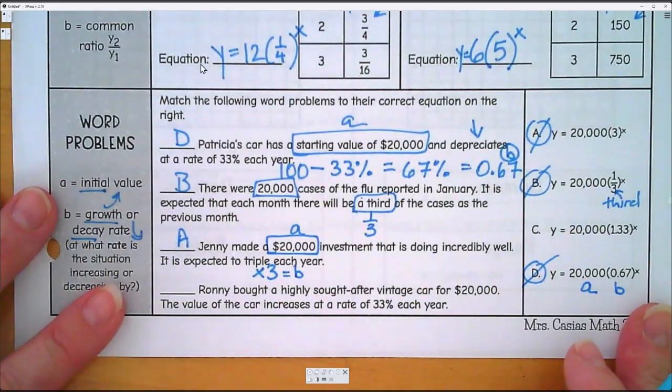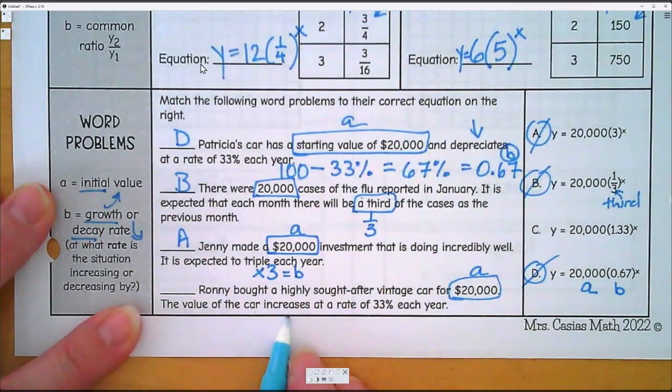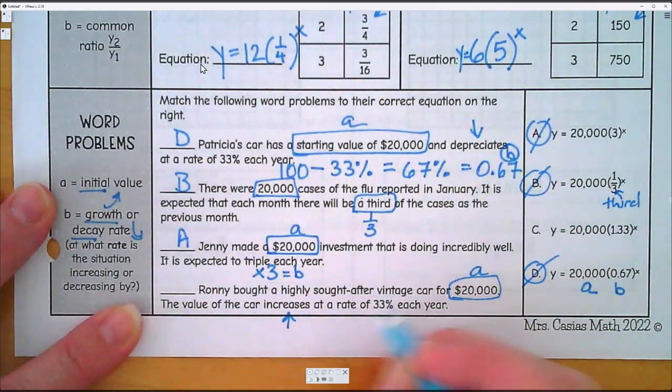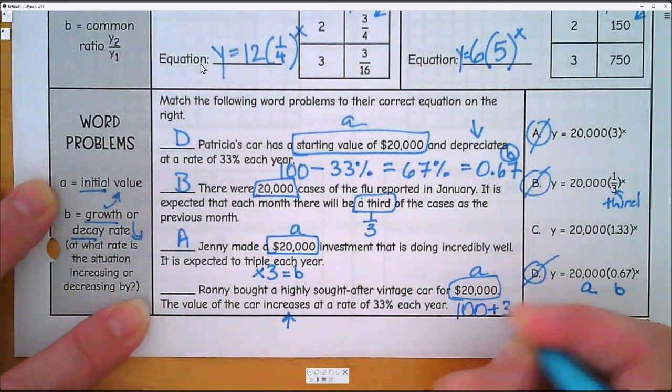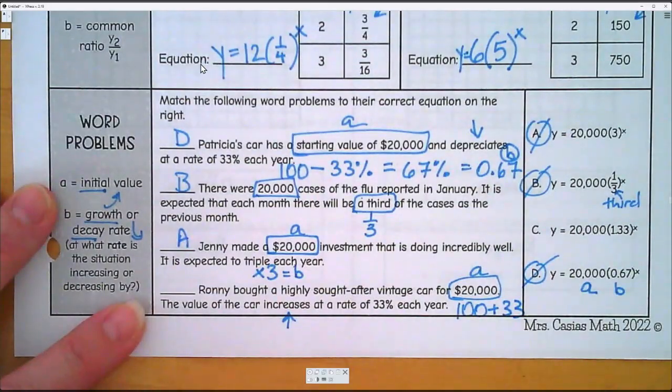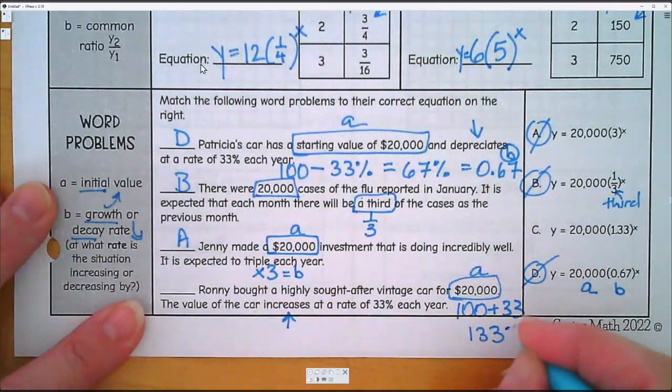Last one. Obviously, we know it's C, but let's talk about why. Ronnie bought a highly sought after vintage car for $20,000. When you buy something, that's the starting value. The value of the car increases, it's going up at a rate of 33% each year. Again, anytime I'm working with percents, I'm thinking about 100 plus that 33, if it's increasing, would give me 133. But that is a percent.